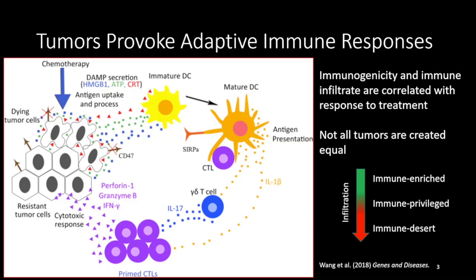And so the question in the field has really become, how do we convert immune desert tumors into immune-enriched tumors such that immunotherapies are more likely to succeed in these otherwise hostile environments? And again, we're glossing over a lot of the other factors playing into why these environments are hostile other than just antigen density. But that's for another day.